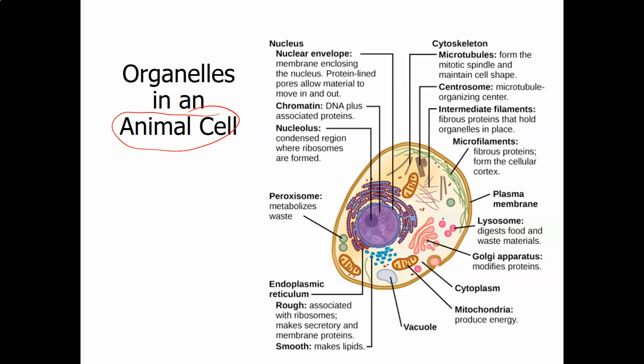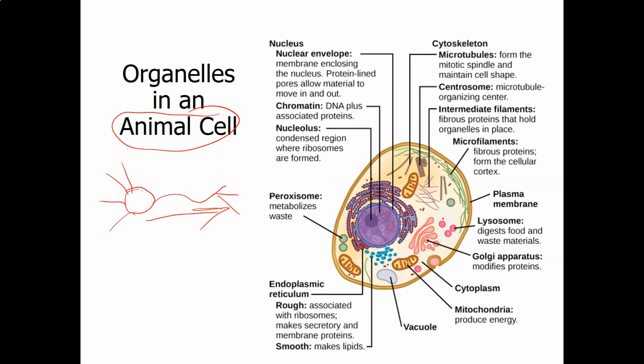For example, a nerve cell is very elongated. Your skeletal muscle cells are very elongated. So nerve cells kind of look like this. They have a cell body, but then they have these extensions that receive nerve impulses, and then they have extensions that carry nerve impulses away to some target.